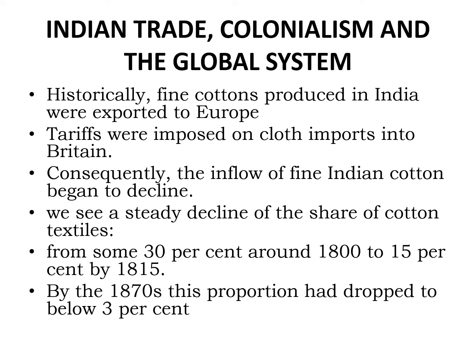We see a steady decline in the share of cotton textile: 30% around 1800, it came down to 15% in 1850. By the 1870s, this proportion had dropped to 3%. See, from 30% to 3%, India's cotton textile export proportion had come down sharply.